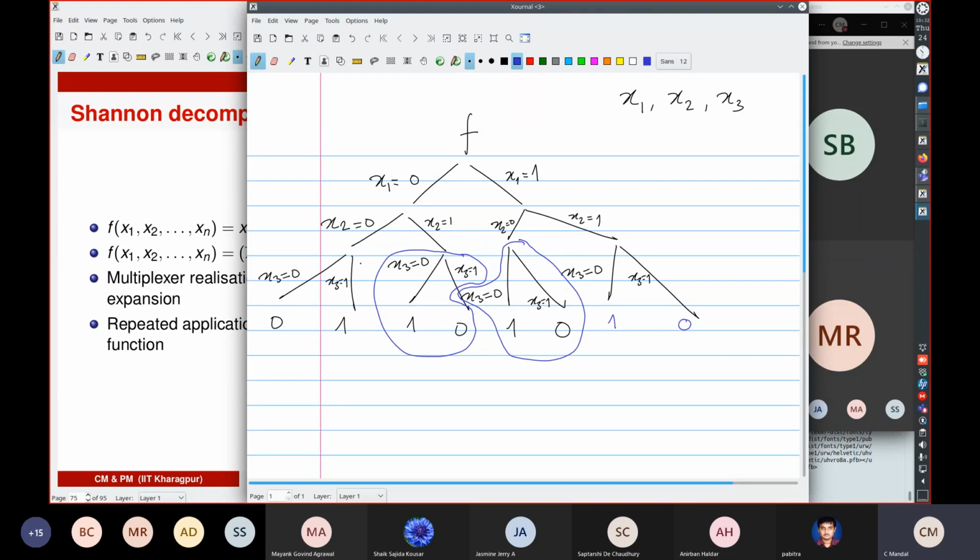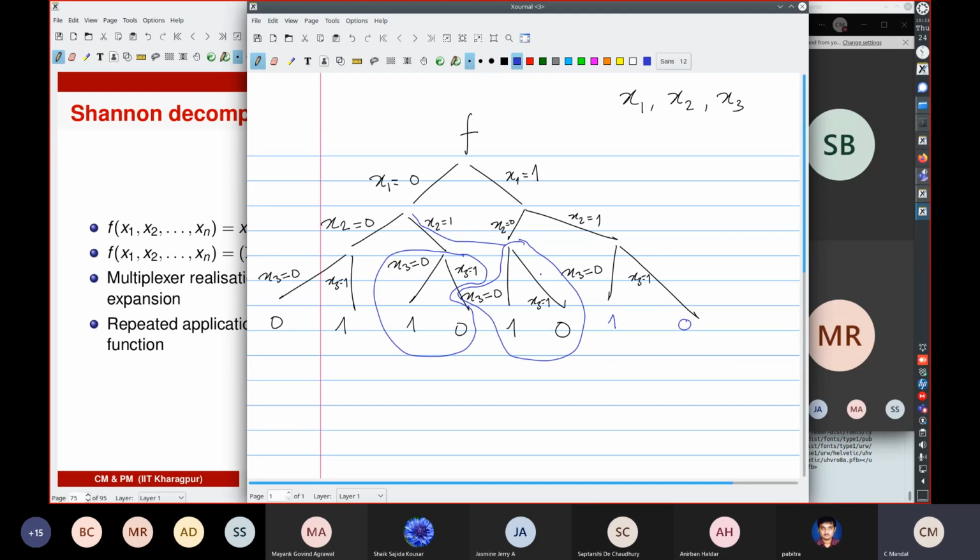So you can have some reduction. So you could say that instead of writing this way, x2 equal to 1, you could write it this way.